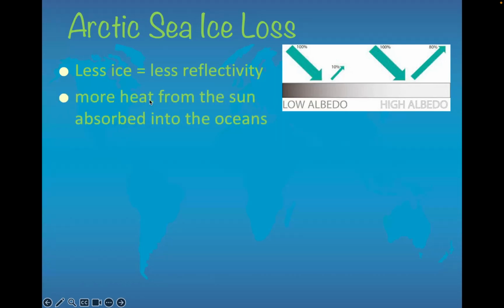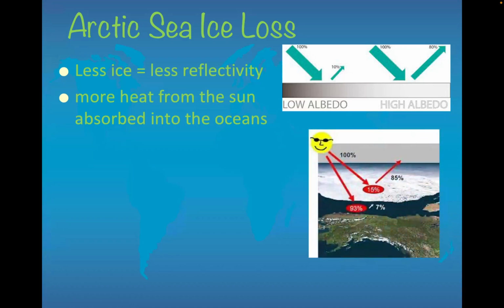So what we know is that more heat from the sun is being absorbed into the oceans. When that surface is frozen and it's ice, then that ice should be reflecting the energy from the sun, and that helps regulate the temperature. But if the Arctic Sea is melting and it's water, then that heat is going into the ocean.